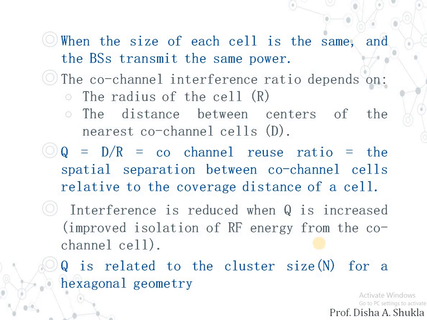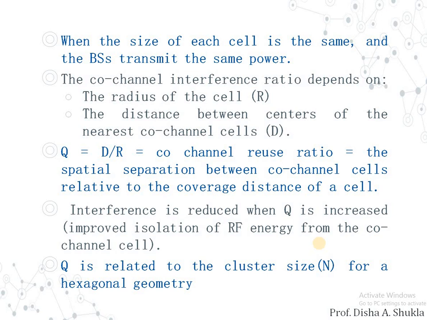That is, each and every cell has a particular center, and when we connect the two centers and we calculate the distance, that will be our parameter D, and R will be the radius of the cell, that is the radius of the hexagon. So Q is equal to D upon R, which is the co-channel reuse ratio, and that is again equal to the spatial separation between the co-channel cells relative to the coverage distance of the cell.